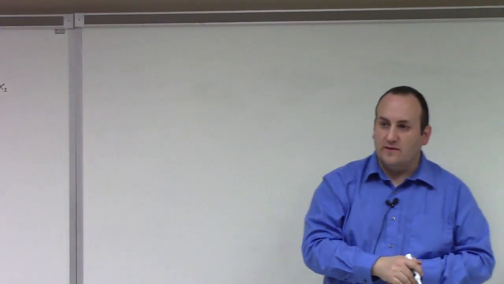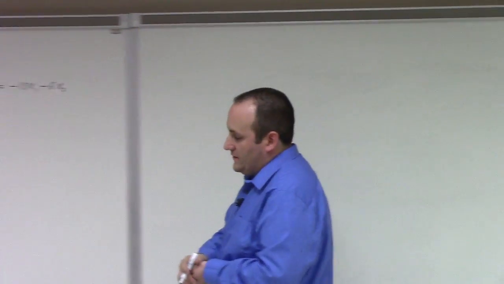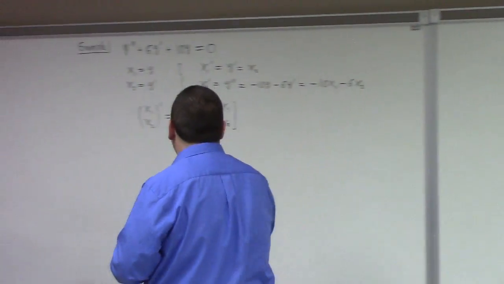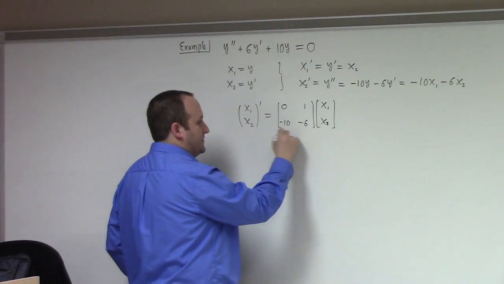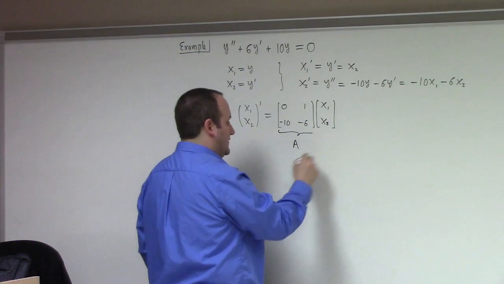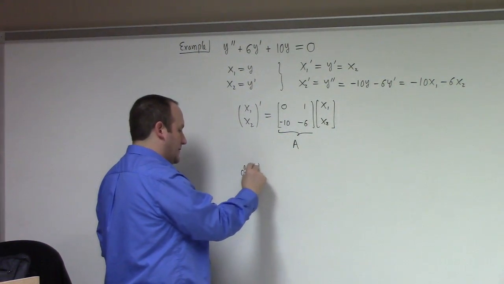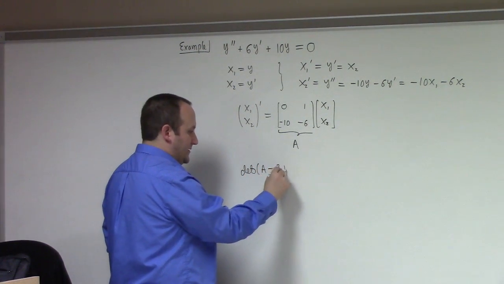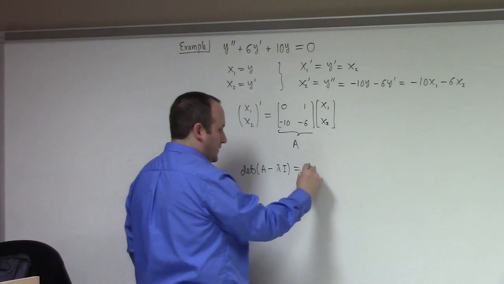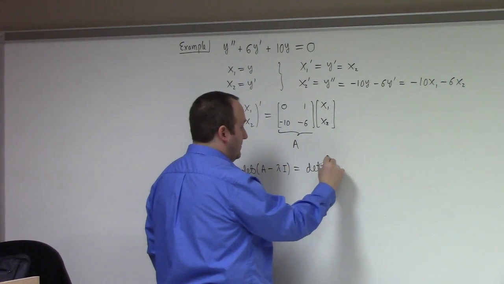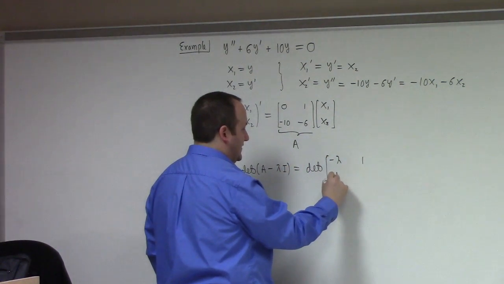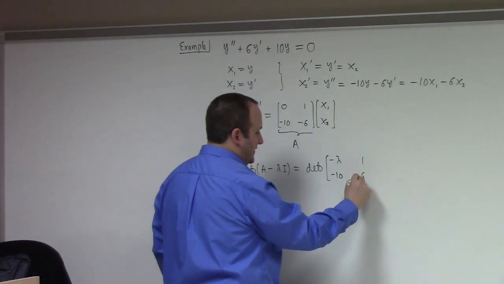Then what we learned is that we can look for eigenvector solutions to this. So let's try for that. This is A, right? So what's the determinant of A minus lambda I? It's minus lambda, 1, minus 10, minus 6 minus lambda.